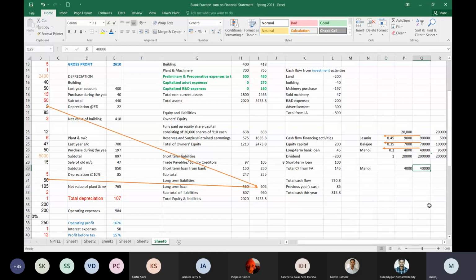I have brought in 40,000 rupees. So our equity capital, which was 2 lakh rupees, will now become 2 lakh plus 40,000. So in our balance sheet, instead of 2 lakh, we'll write 2 lakh 40,000. Earlier year, it would be 2 lakh rupees here. Here, it would be 2 lakh 40,000 rupees. That is how everything is decided.